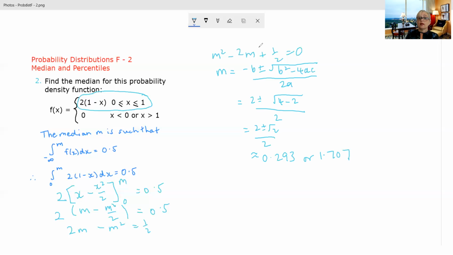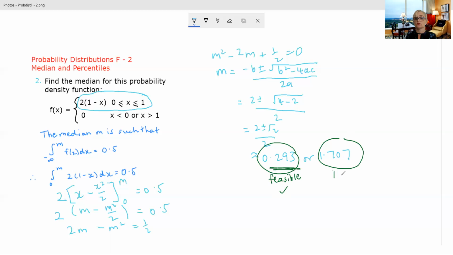We don't stop there. We should always check both our answers for feasibility. This one, yeah, that makes sense. That is between 0 and 1 for our x. So that one is feasible. This one, 1.707 is greater than 1. This part of the function doesn't exist for that x value.